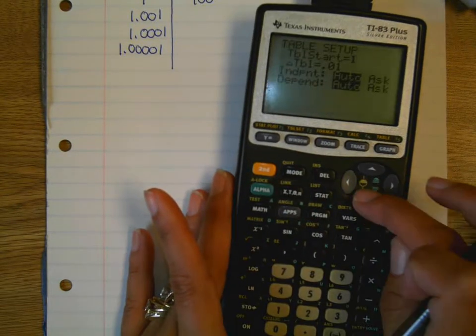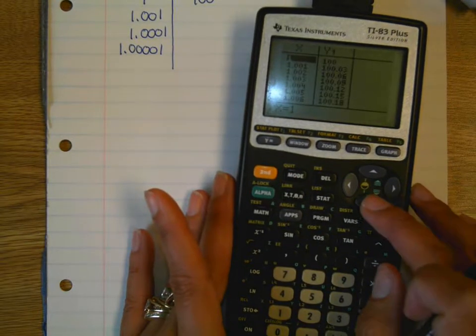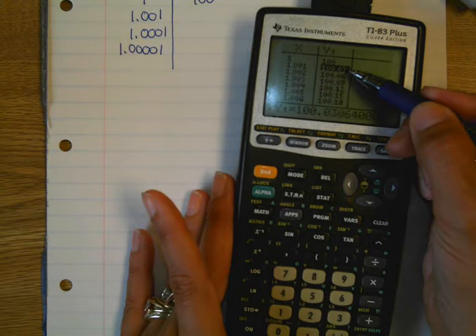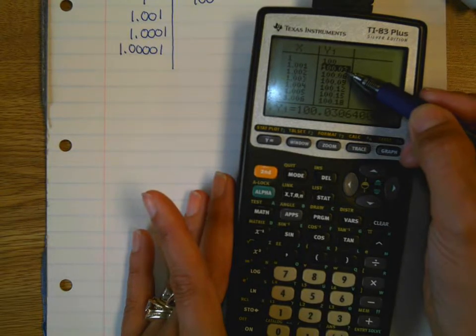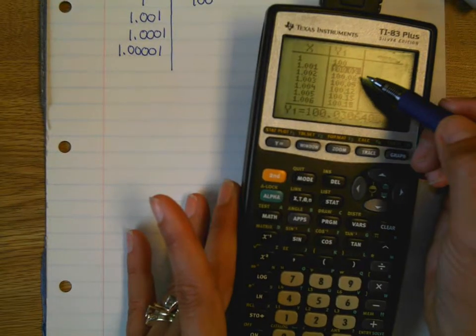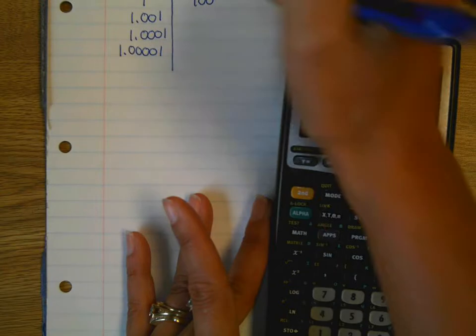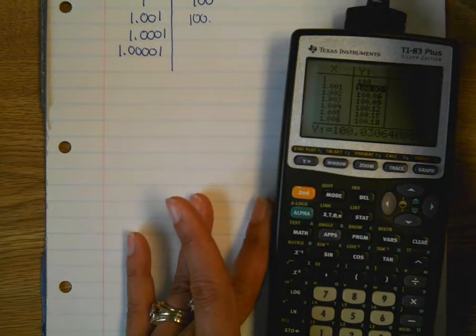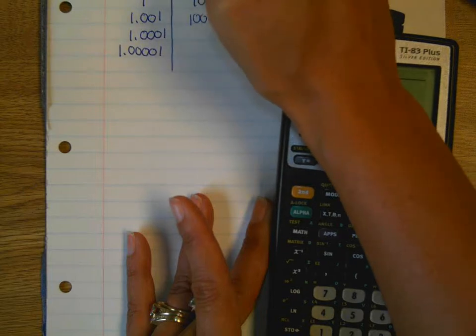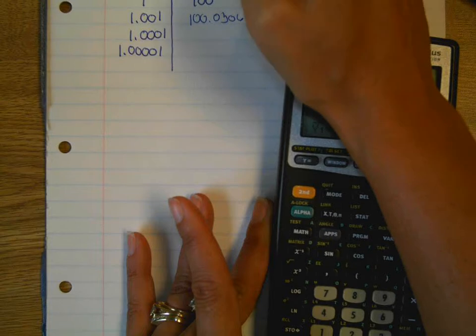Okay, so one at a time I'll get these. Table set, 0.001. And again, make sure you get the cursor on the number so you can get all the decimals down here. Don't just use the chopped off decimals that are in the display. So 100.030664.